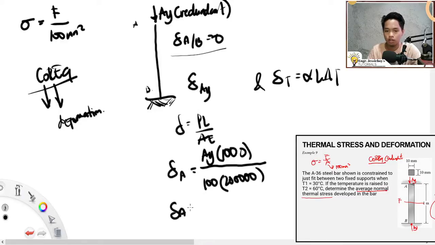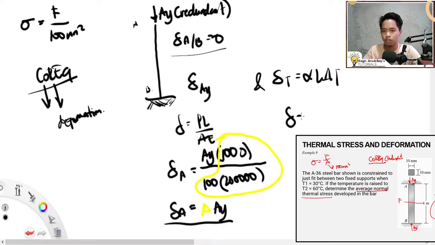Therefore, I'll just be storing this. Whatever value this A term has, you store that to A, so this would be our AY. That is the deformation of your force A.